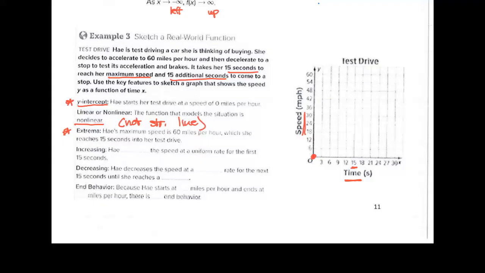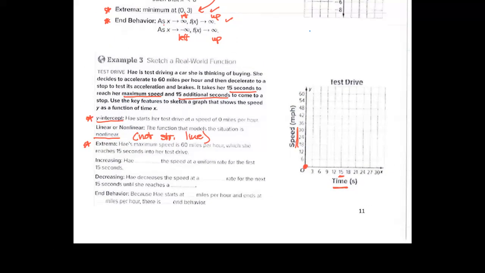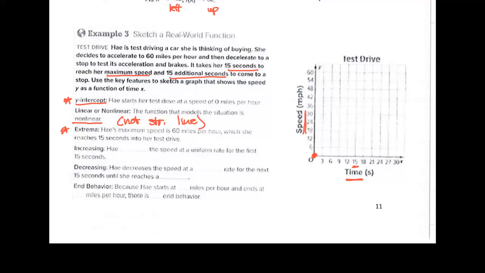And she reaches a maximum of 60 miles per hour. Here's the 60 over here. Here's 15 seconds. Here's my 60. And so I'm going to go up to the 60 and place a point right there. It takes her 15 seconds to reach a maximum of 60 miles per hour.